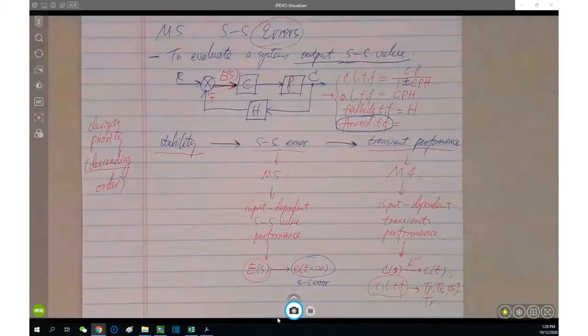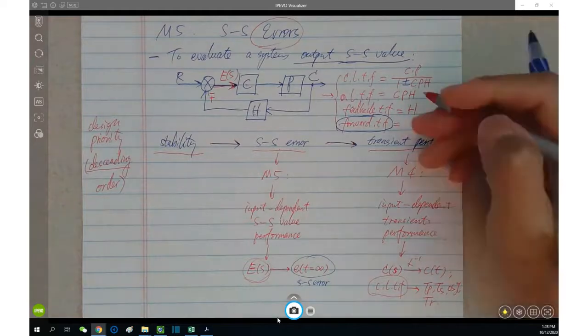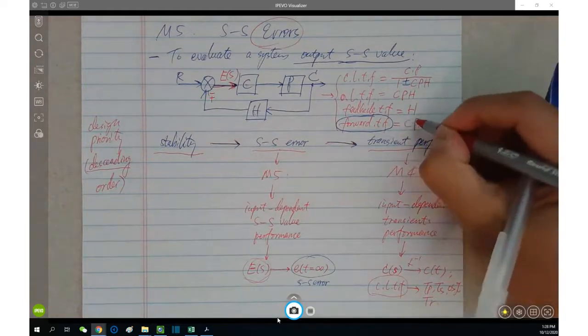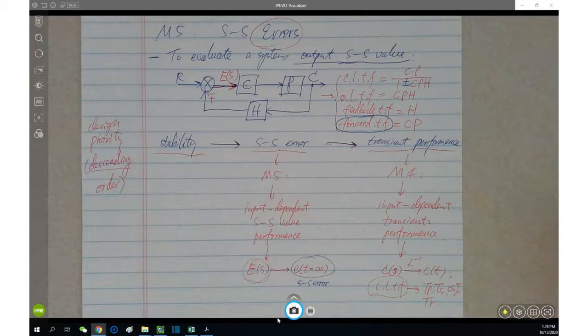C times P, CP. Very good. Just C times P. And once again, we're really going to use it. It's CP.